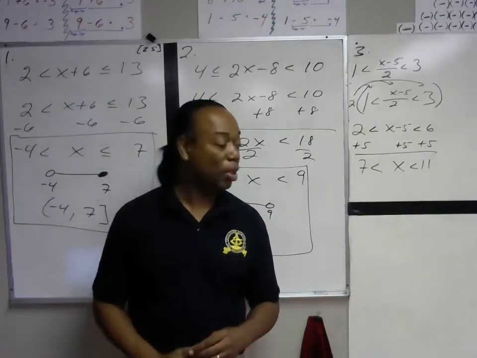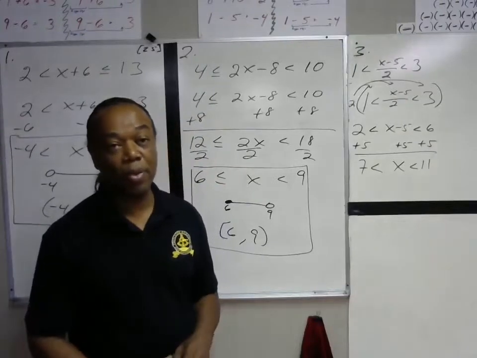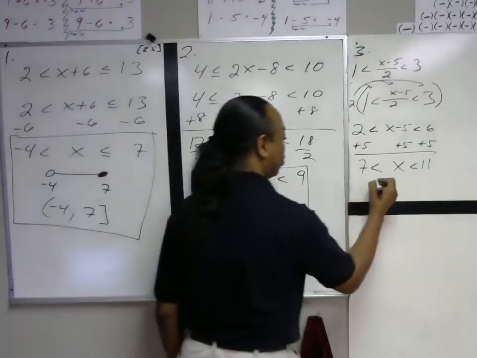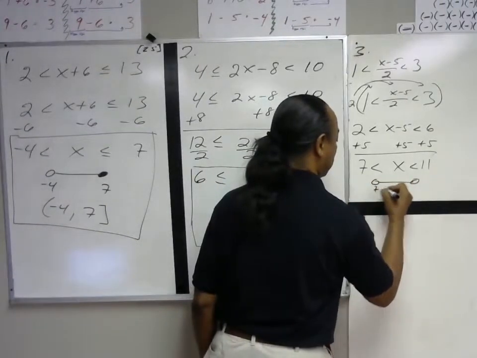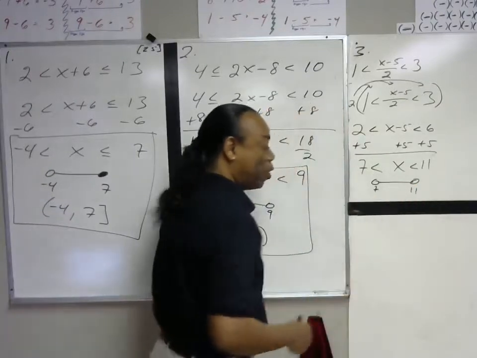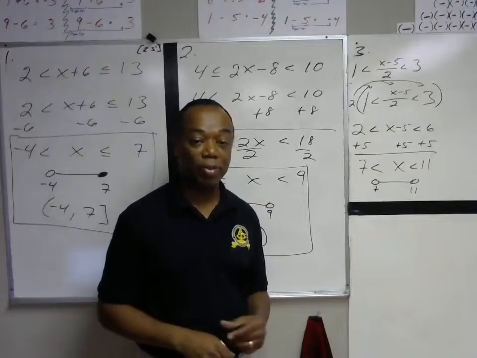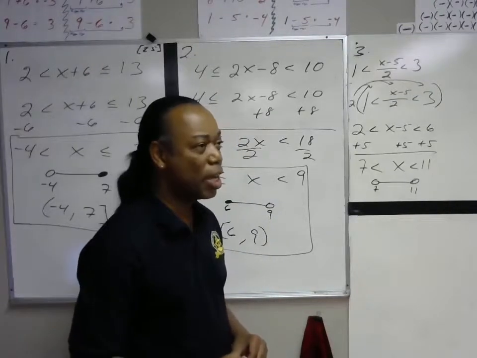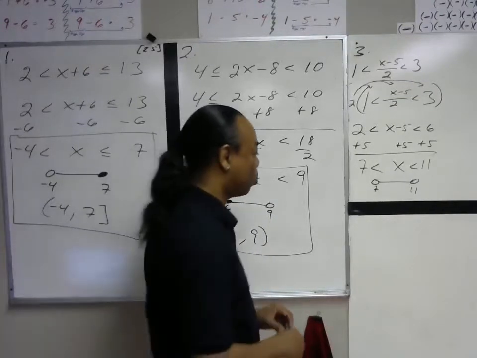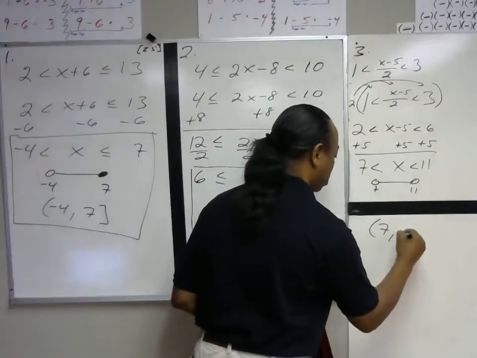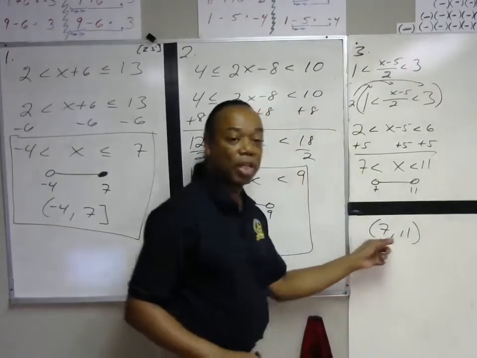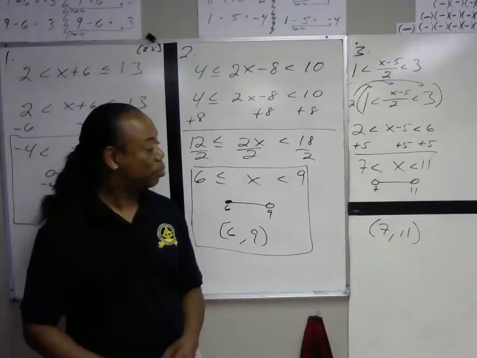The line segment that this represents is the line segment between 7 and 11, and it's open at both ends. So it's all the numbers between 7 and 11, not including 7 or 11. The interval notation for this will be parentheses 7 and 11 parentheses.